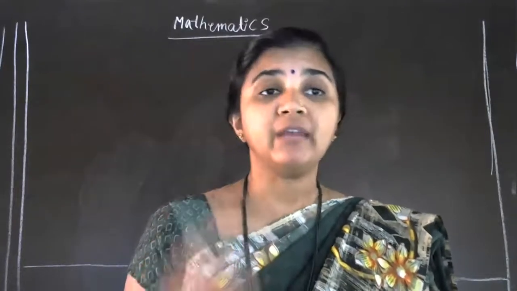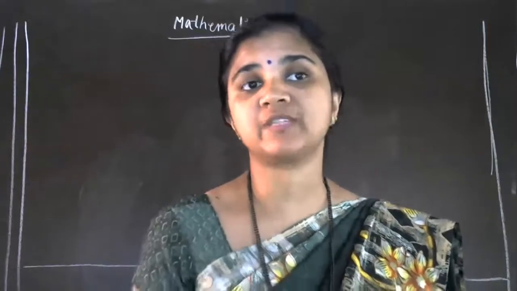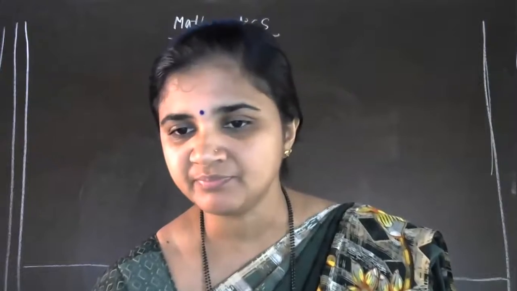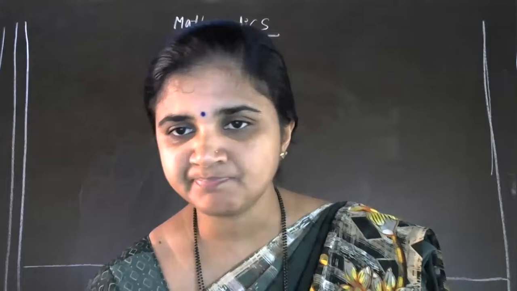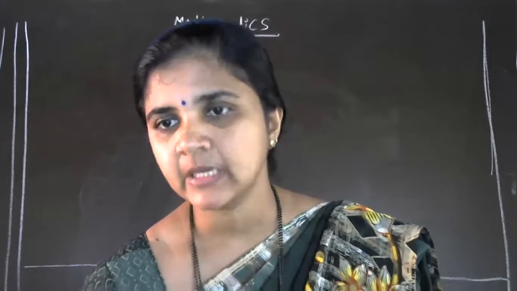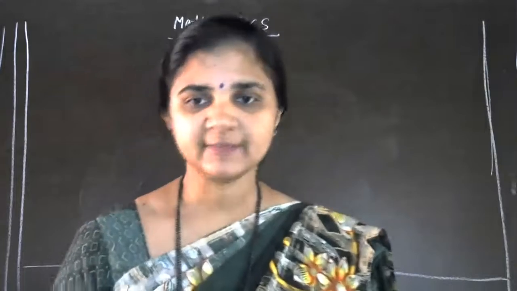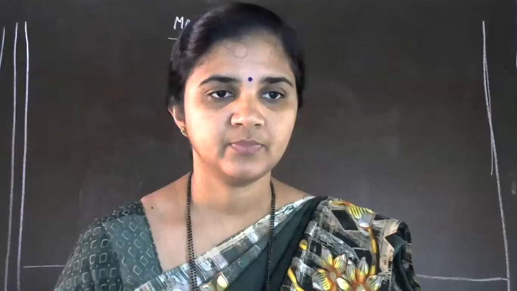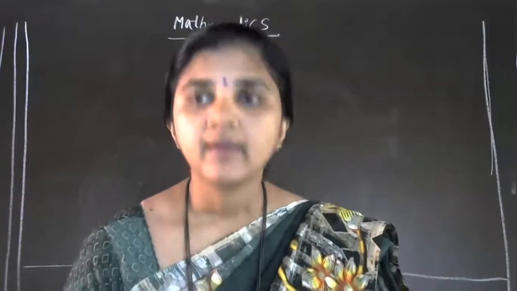Now, when can we say that two polygons of the same number of sides are similar? Ashwet? All the corresponding angles are equal, and all the corresponding sides are in the same ratio.